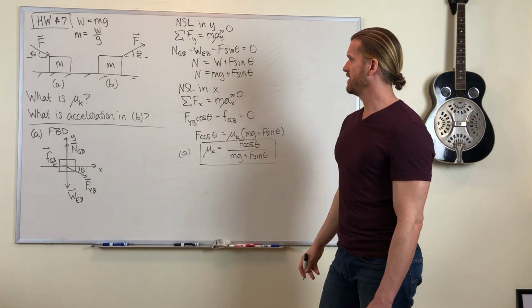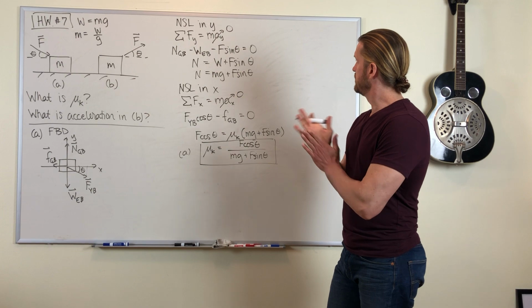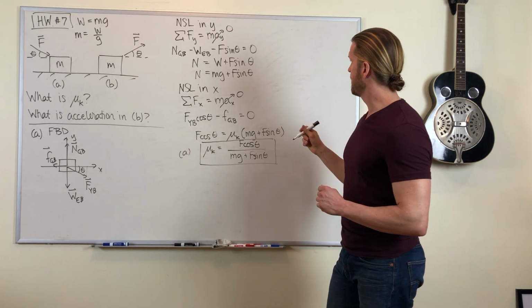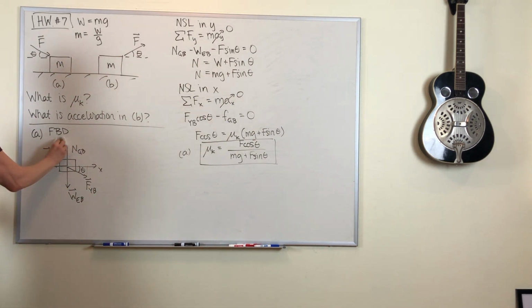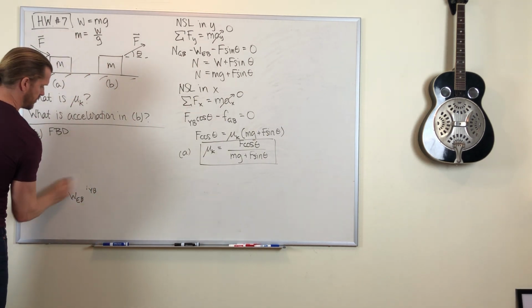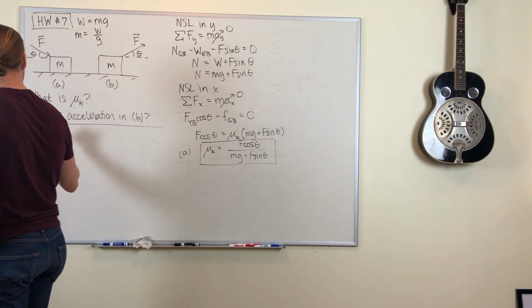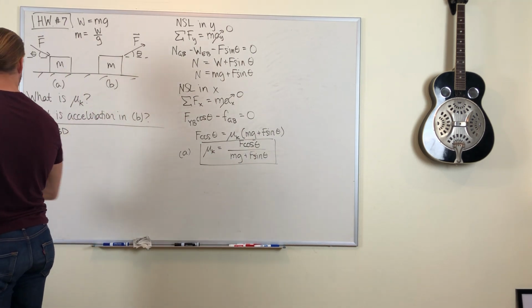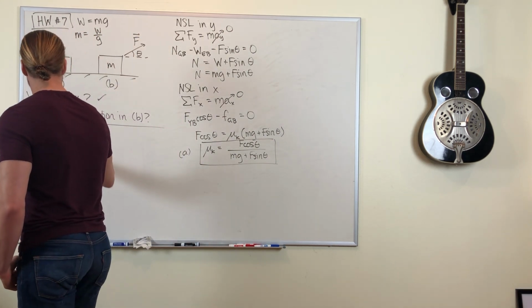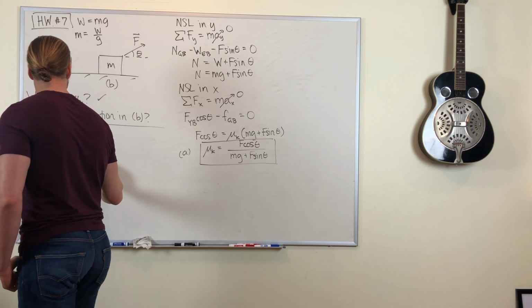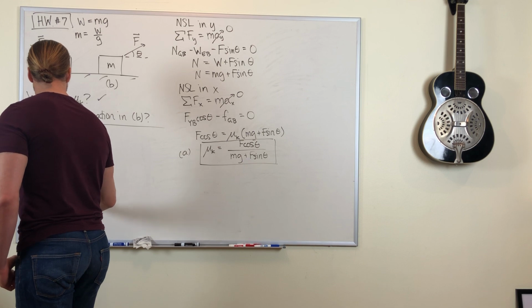Okay, what is the acceleration of the box in part B? Let me erase this and draw a new free body diagram. Okay, so we got that. Part B, the free body diagram is similar. There's just one difference now.